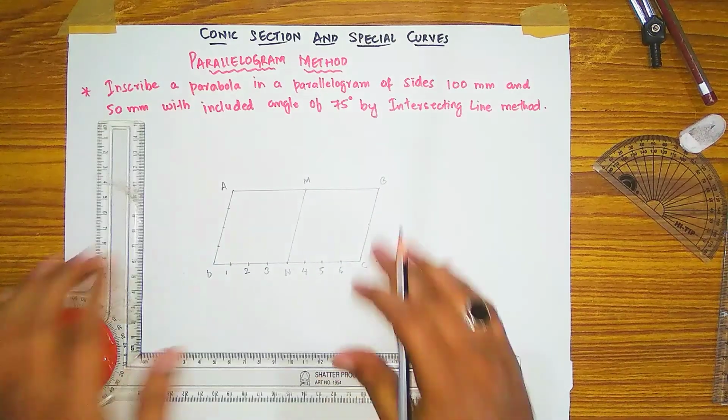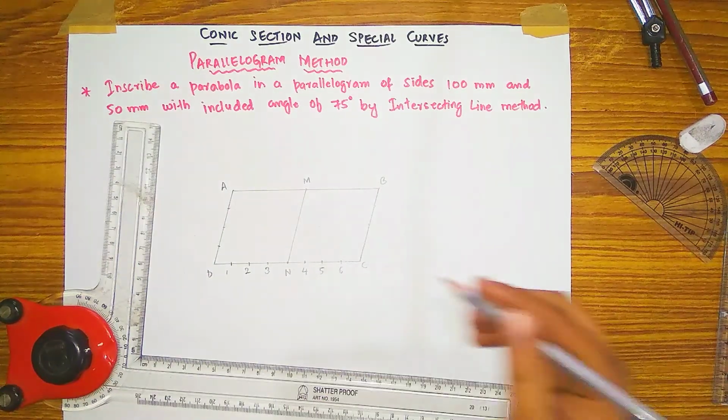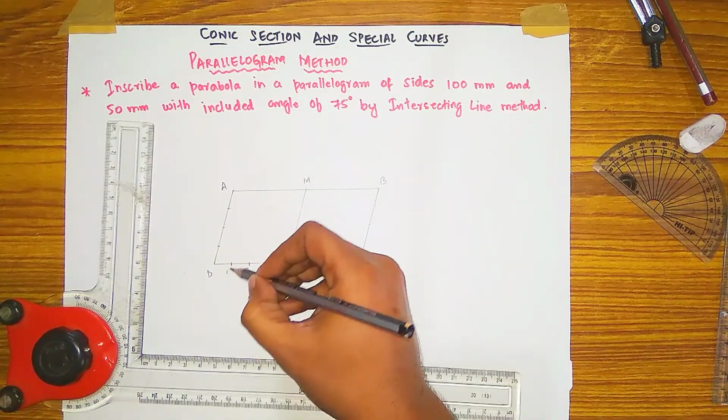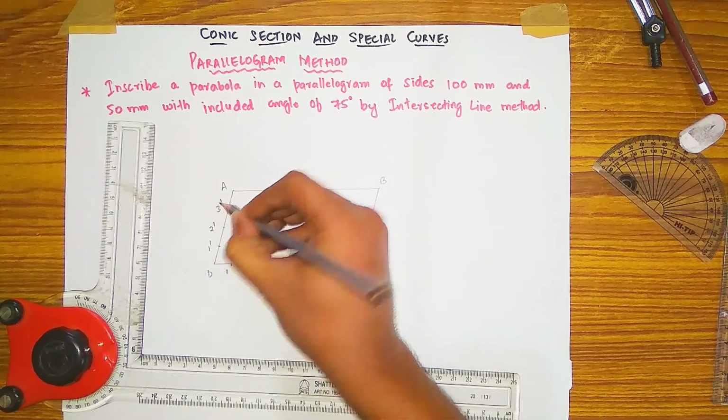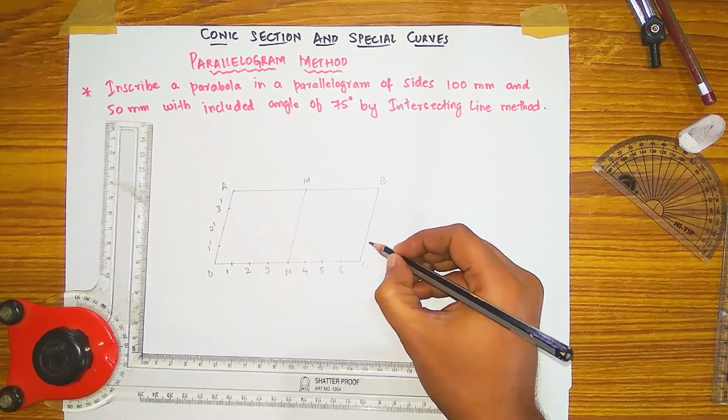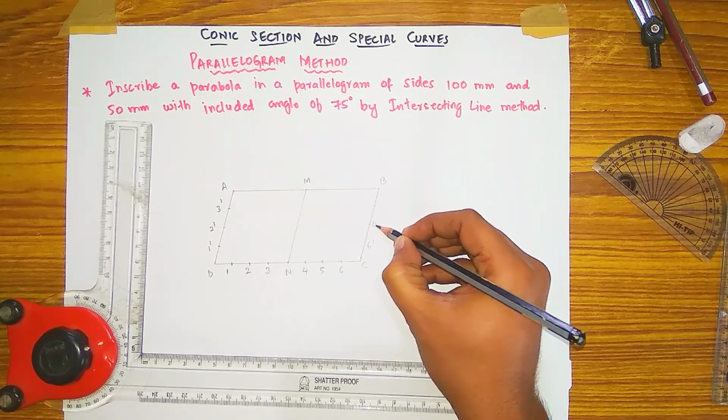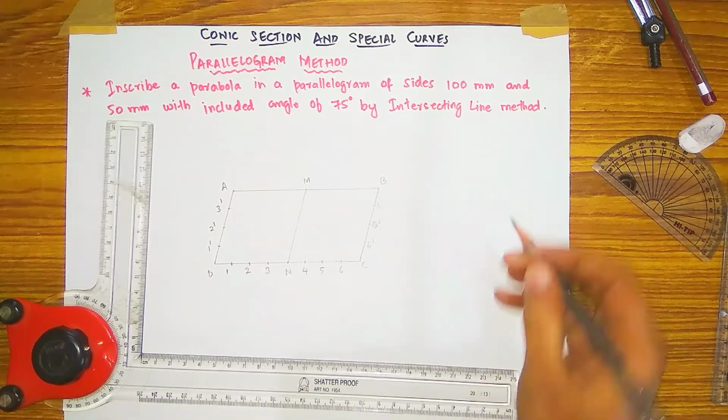After dividing into 4 equal parts, number the points here also: 1 dash, 2 dash, 3 dash, and where 6 is nearer, 6 dash, 5 dash, 4 dash. Like this you have to do.